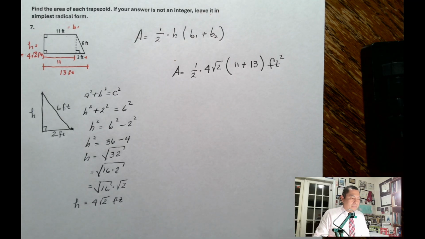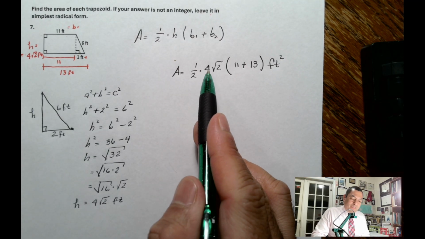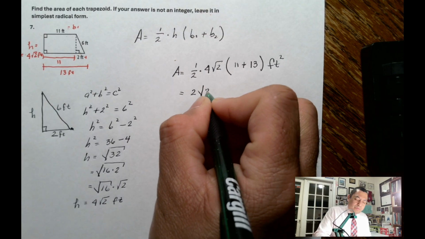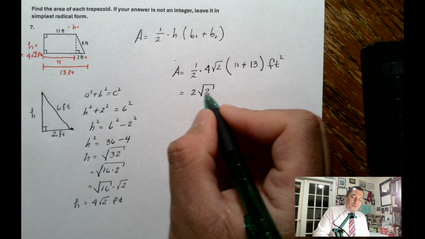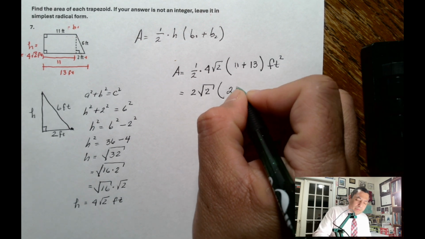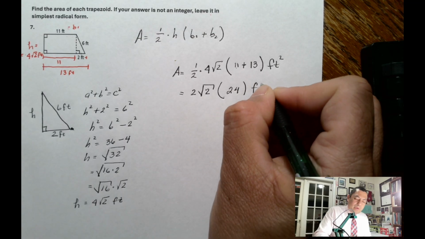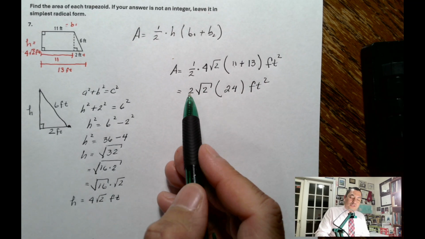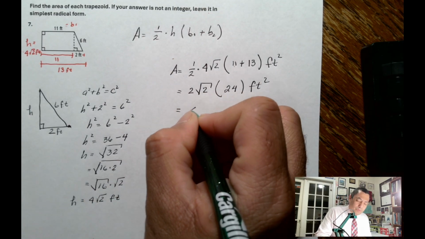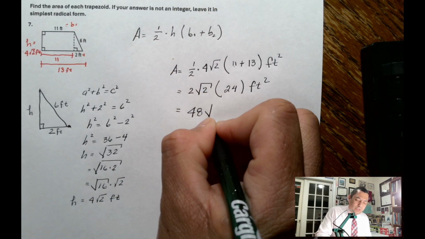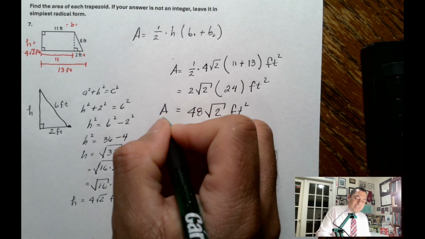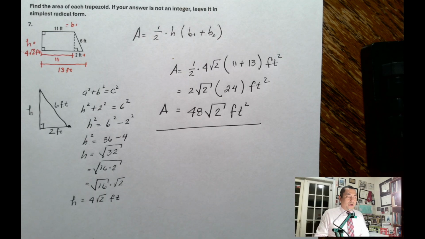Now let's simplify. 4 times 1/2 is 2 square root of 2, because 4 divided by 2 is 2, times 11 plus 13, which is 24 feet squared. And now, what is 2 times 24? It's 48. So the area is 48 square root of 2 feet squared, and this is the area that we are looking for.